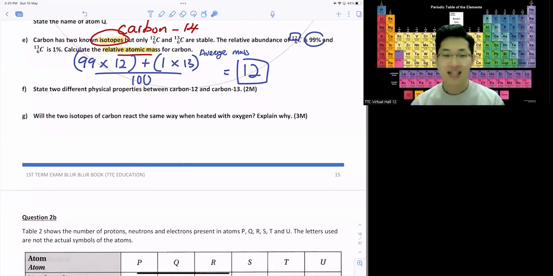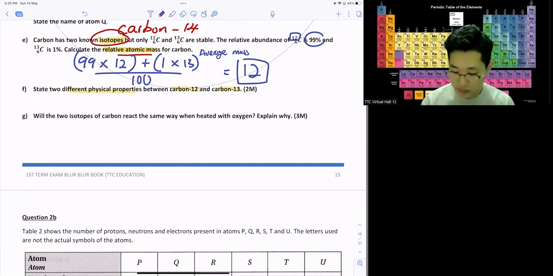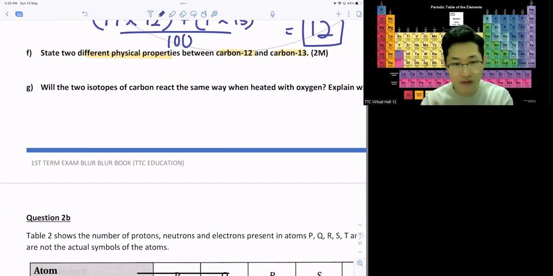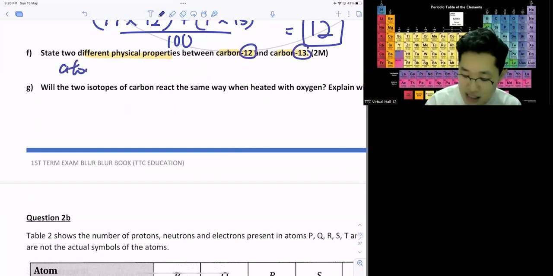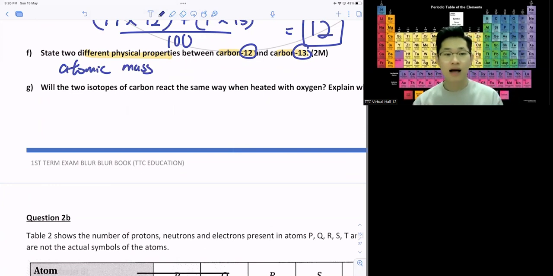Okay. After this, we do one more question, then done. Two different physical properties between carbon 12 and carbon 13. What is the difference between 12 and 13? Atomic mass.